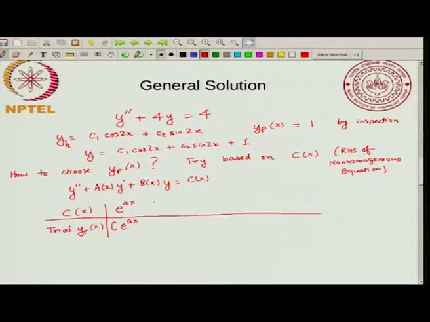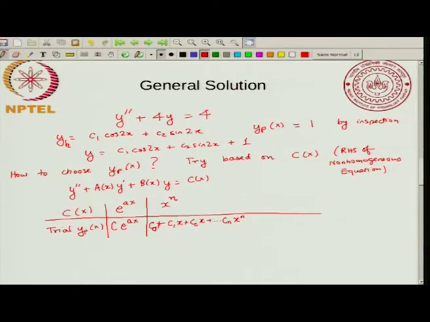Suppose on the other hand my c of x looks like x raised to n, then my trial function will look like a polynomial in x. I'll take it as C0 plus C1x plus C2x squared up to Cn x raised to n.